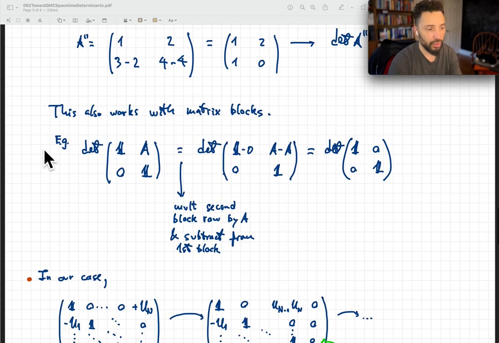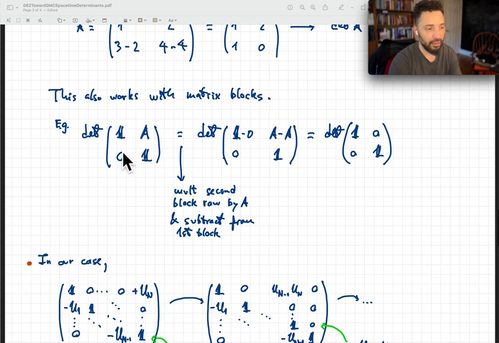So if you have, for example, the determinant of this matrix that I made simple on purpose: 1, A, 0, 1, where A is a block. It doesn't matter what size these blocks are, as long as they're all square. If we subtract A times the bottom row from the top row, we get 1 minus 0, A minus A, which is going to be 0, and at the bottom we have 0, 1. And so the determinant of this matrix is the same as the determinant of this one, which is just 1.